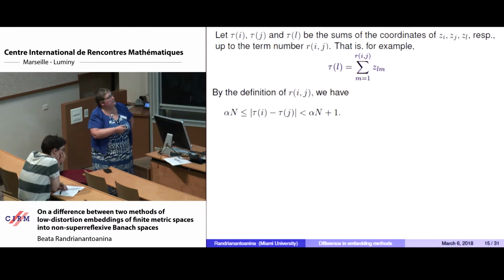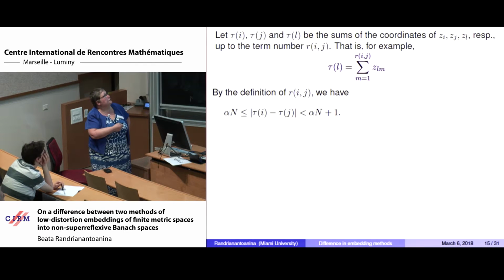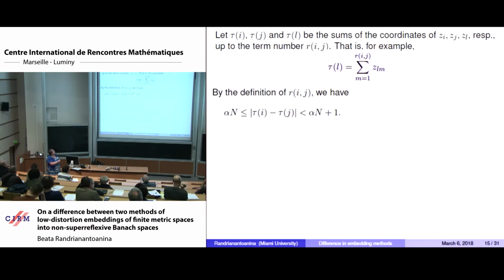First I introduce this notation: I fix Rij. So I have my three numbers, ijl. I fix Rij, and I denote T of i, T of j, T of l to be the sum up to Rij. For example, this one sum.